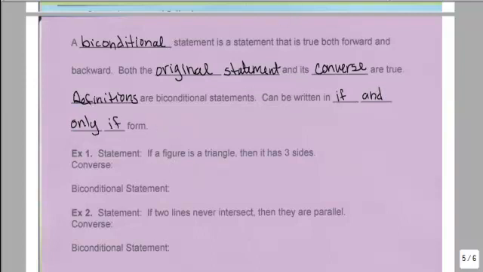Okay, so since the color coding helped you guys a little bit, if a figure is a triangle, then it has three sides. I am going to flip-flop those for the converse. So if it has three sides, then a figure is a triangle.